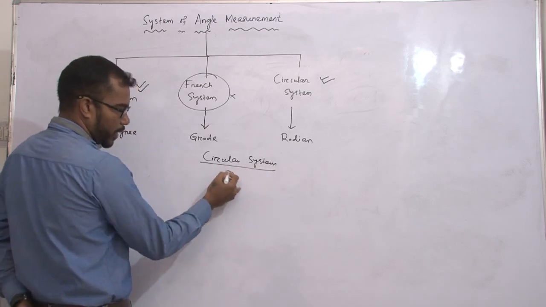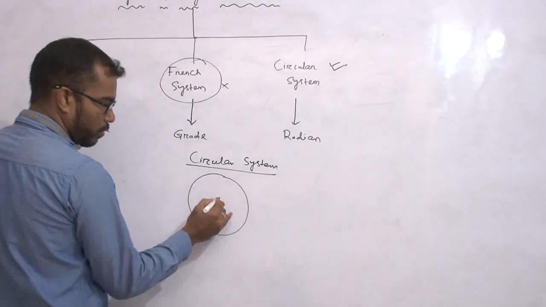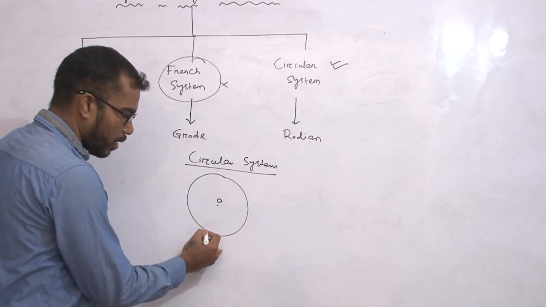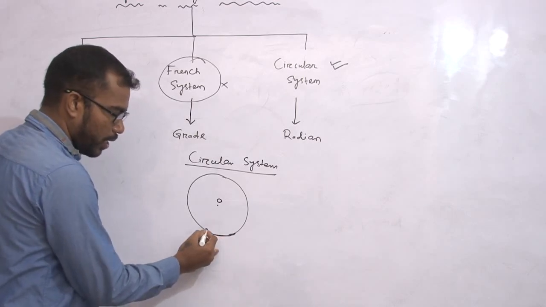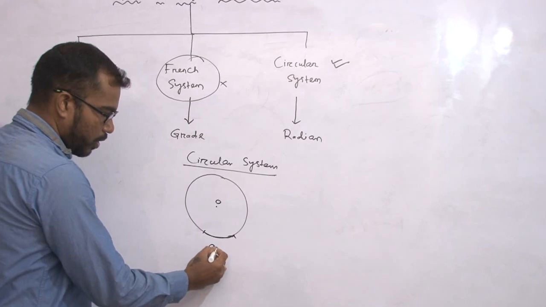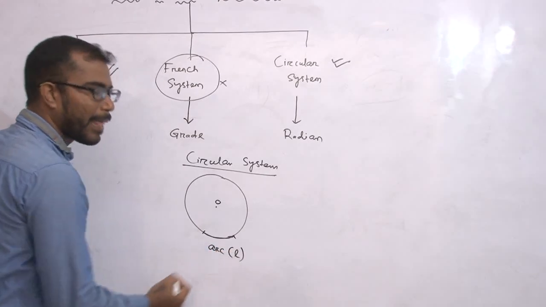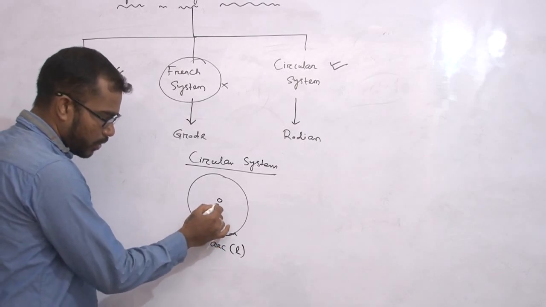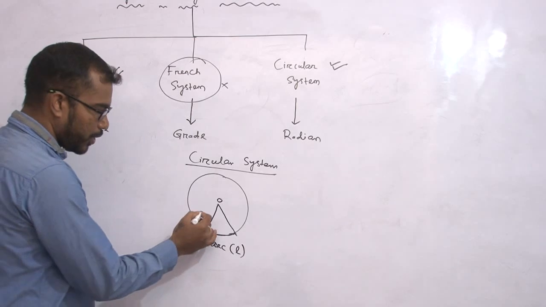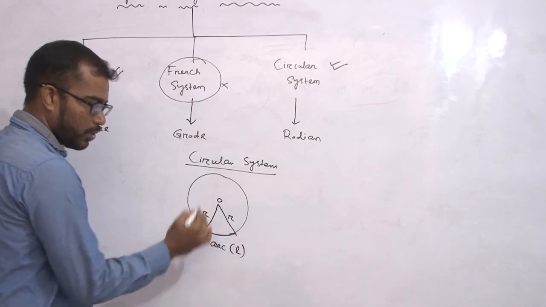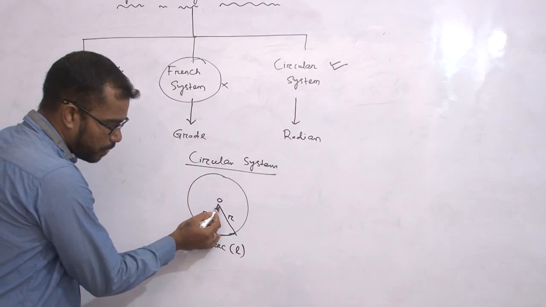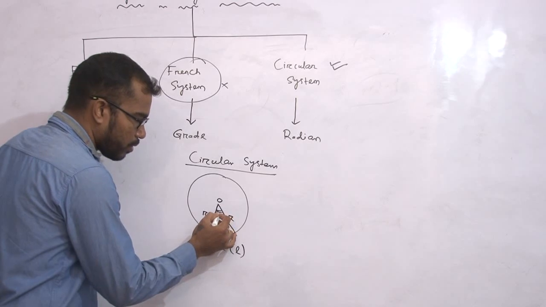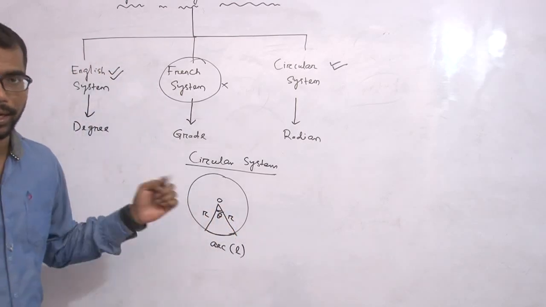In the circular system, we take a circle, and as you know, its center is denoted by O, and a small part of it is an arc. The arc is denoted by L. And these are the radii, denoted by R. In this diagram, this portion is called a sector, and the angle we denote by theta.